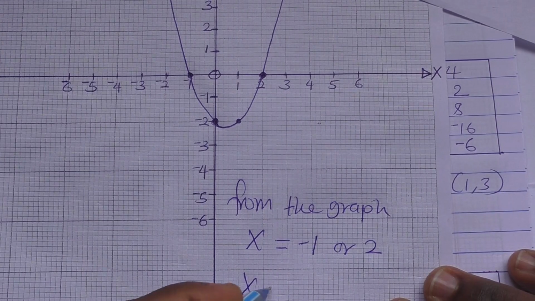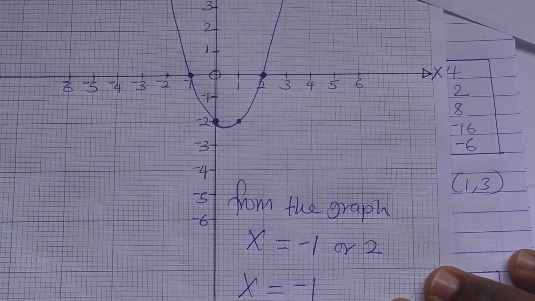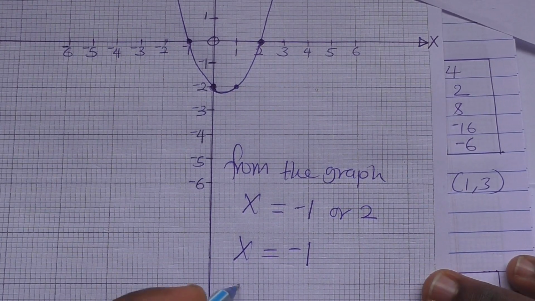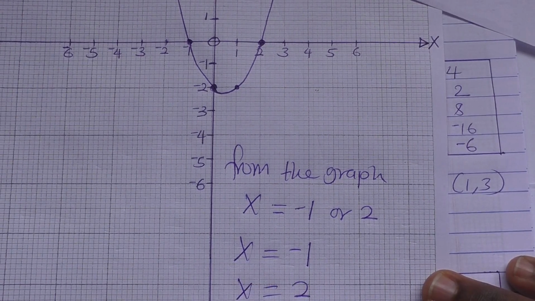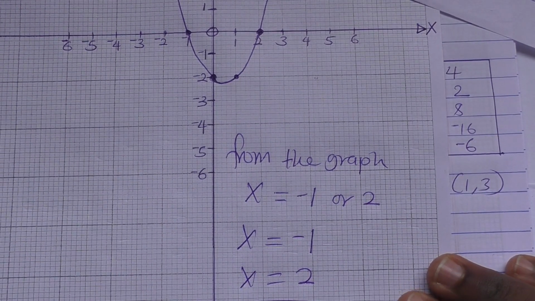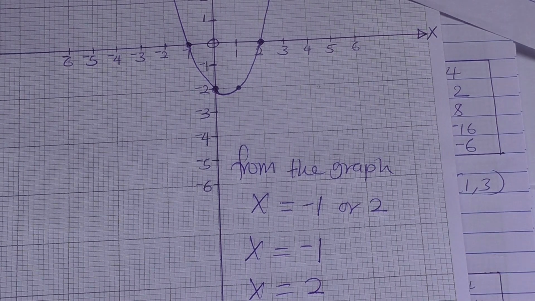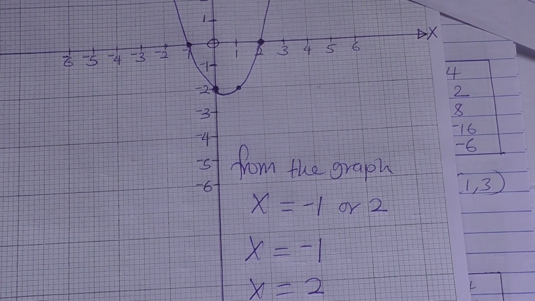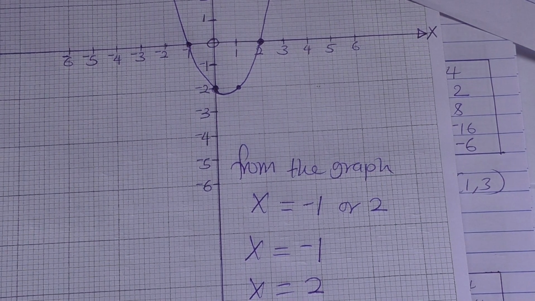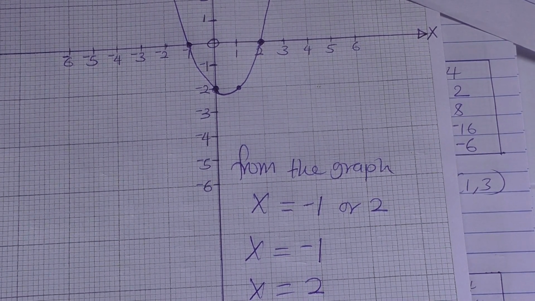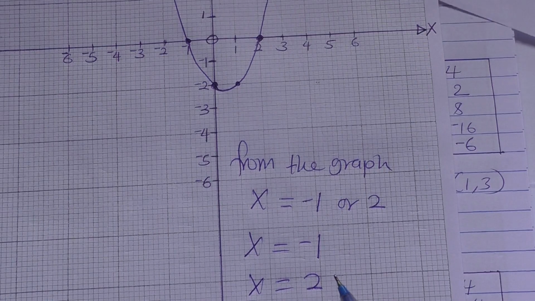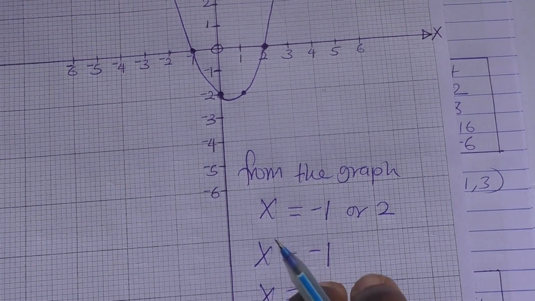So x equals negative 1 and also x equals 2. These are the solutions from the graph. So that is how we use the graphical method in solving quadratic equations. Otherwise, let us go to our second example.